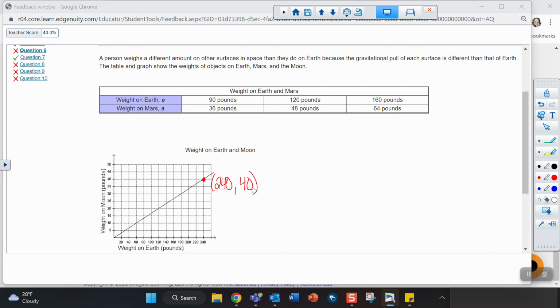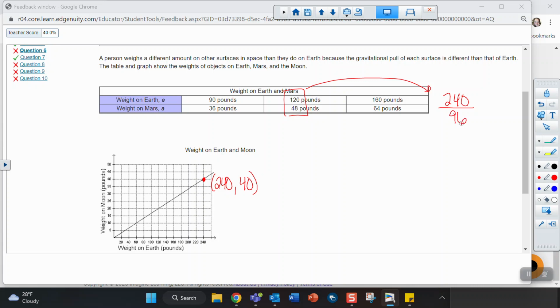It wasn't as easy to tell from this table, because this table doesn't go up to 240 pounds. I noticed from 90 to 120 that jumped 30 pounds, then it jumped 40 pounds, so I couldn't really find a pattern. However, there would have been a faster trick here, noticing that if we double 240 pounds, we would also double the weight on Mars, so 48 times 2 is 96.